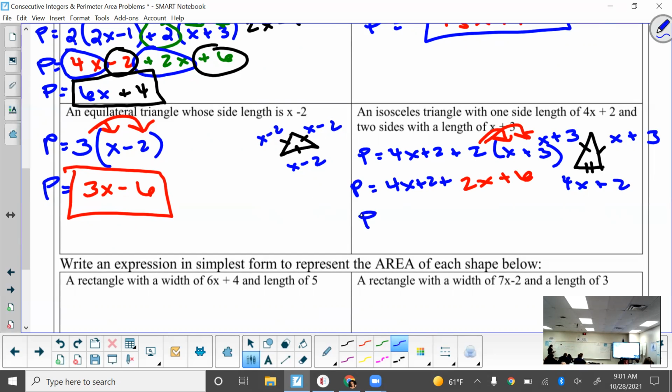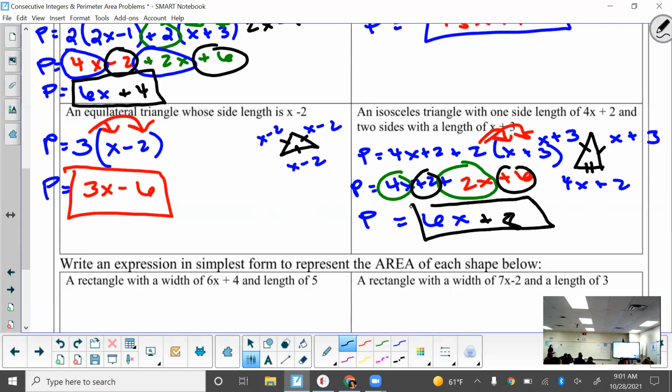So what do you get when you combine the x terms? Good, they're both positive. So I get positive 6x. And then the constants, what do I get when I combine those? 8. Because again, they're both positive. Keep the sign that's directly in front. And then is this simplest form now? Yes. Yes, so 6x plus 8 would be the correct answer for that one. Good.